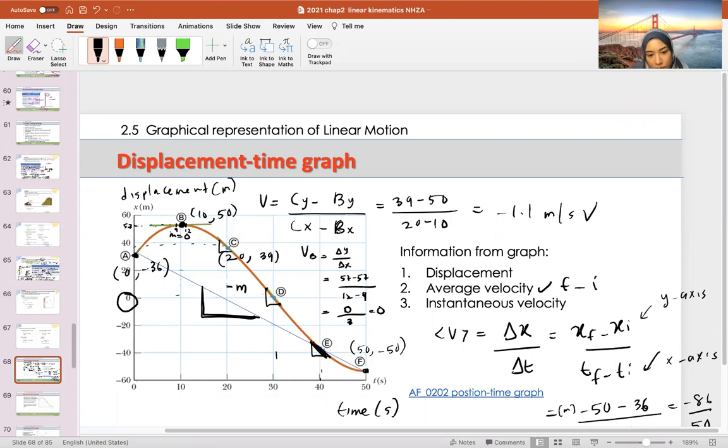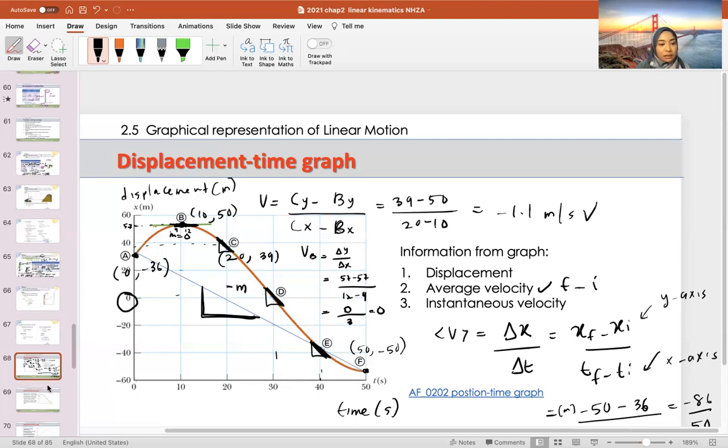Specifically at the small section only. Cari kat situ sahaja. Jangan cari for the entire graph. Cari dekat the small section sahaja. In this case for B, kita cari dekat time 9 to 12. Cari kat situ sahaja. Okay, tak ada soalan? Kalau soalan boleh tanya macam biasa.